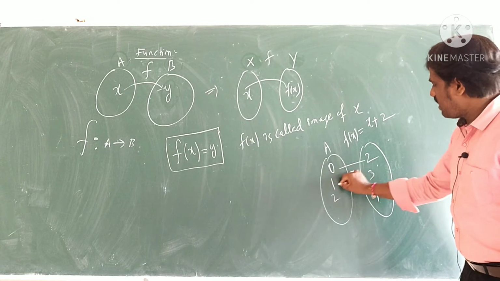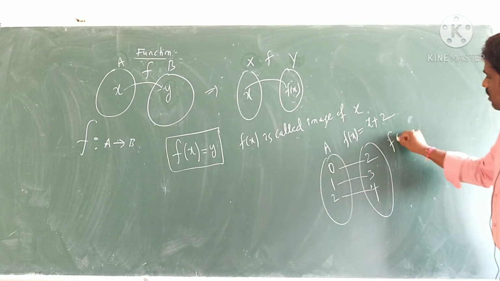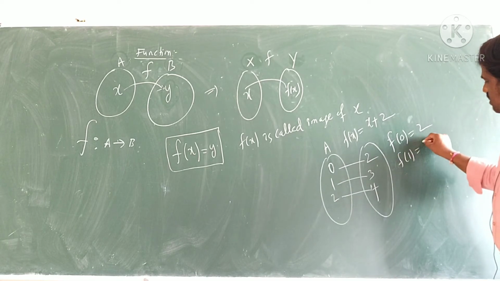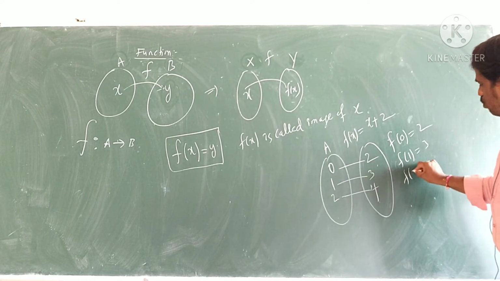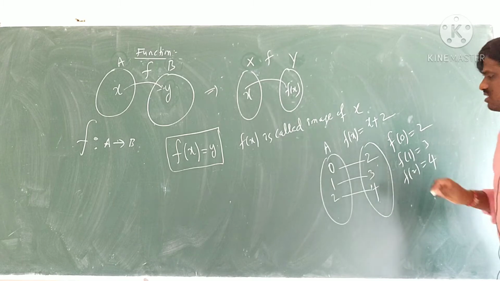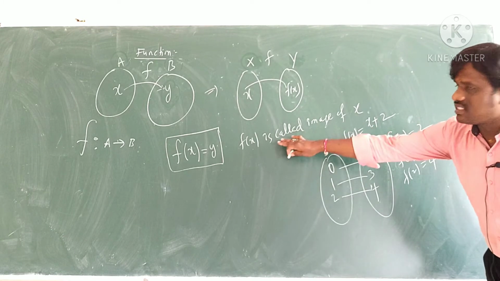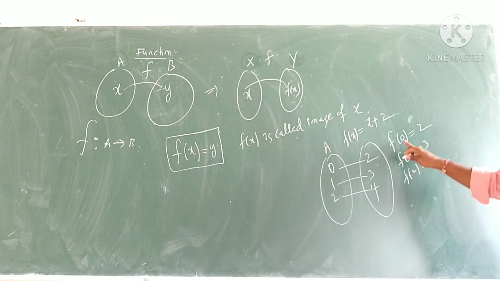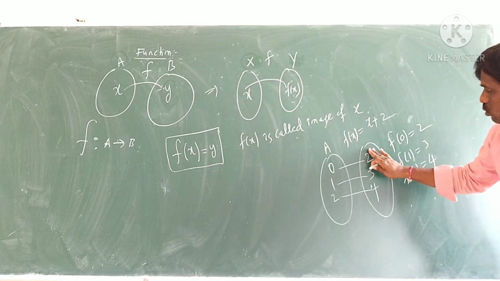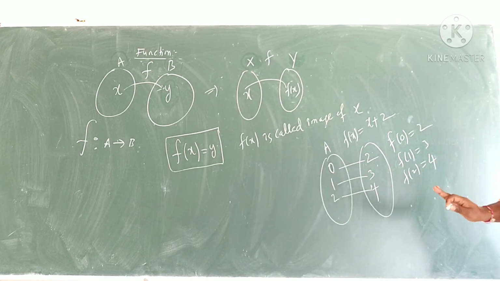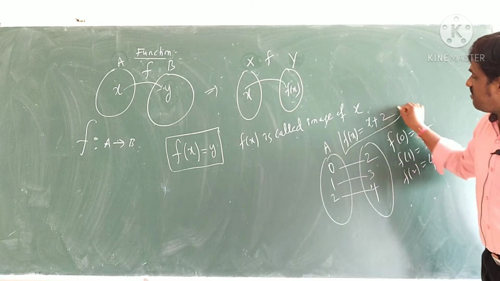So this is the image. f of 0 is 2, f of 1 is 3, f of 2 is 4. This is what we call the image. f of x is called the image. I can write f of 0 or 2, it's the same, because f of x is a defined function.